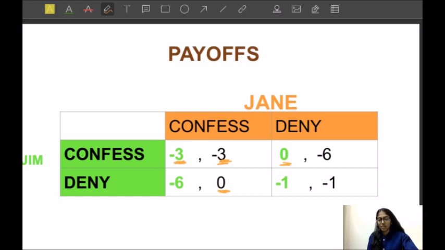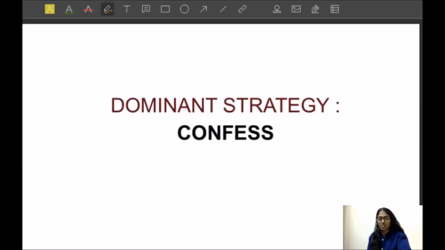So we found out that Jim will confess no matter what Jane does, and Jane will confess no matter what Jim does. So both of them will confess to the crime and get 3 years in jail. This is also called the dominant strategy of the game, that is, to confess.